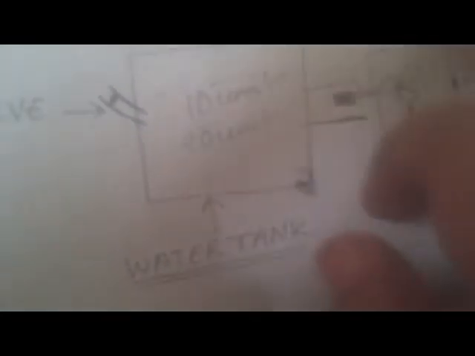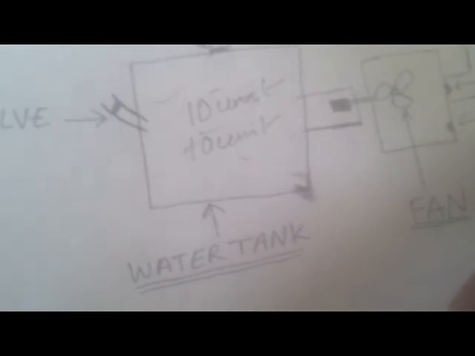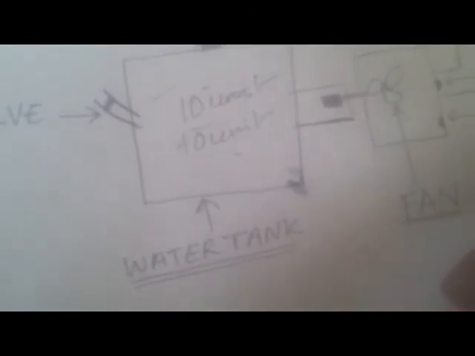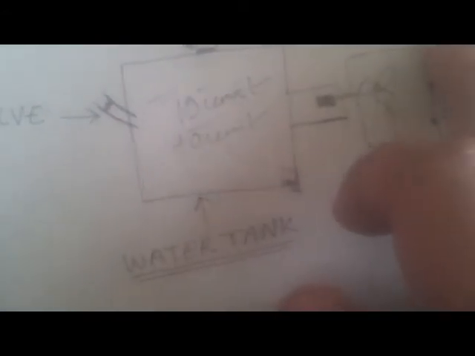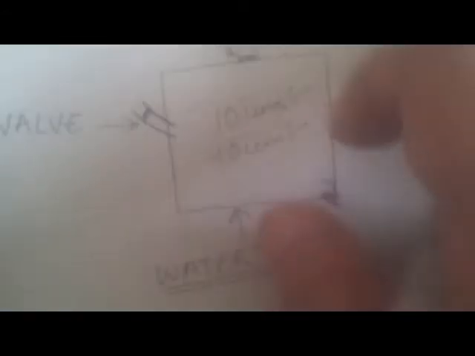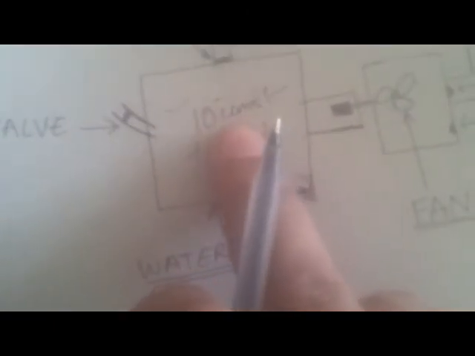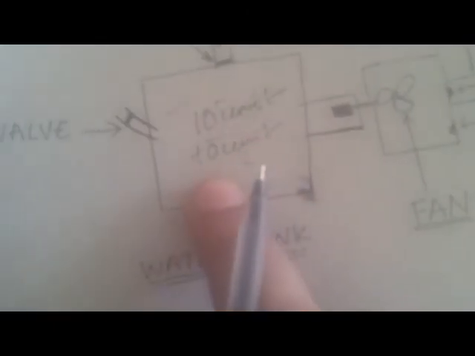When it becomes 30 units, this air chamber is filled with 10 more units of energy out here. And when this 10 more units of energy gets down here to this tank, it becomes 30 units here.